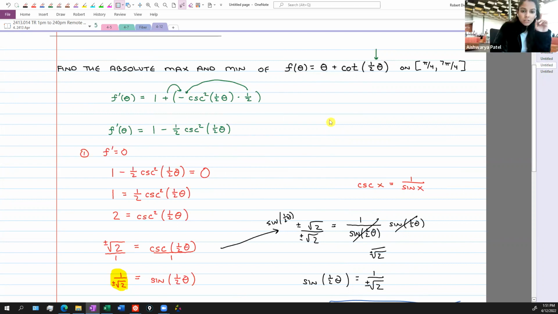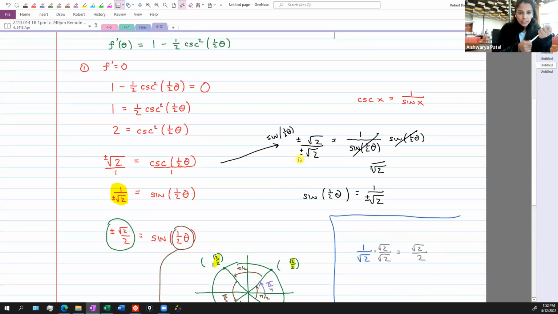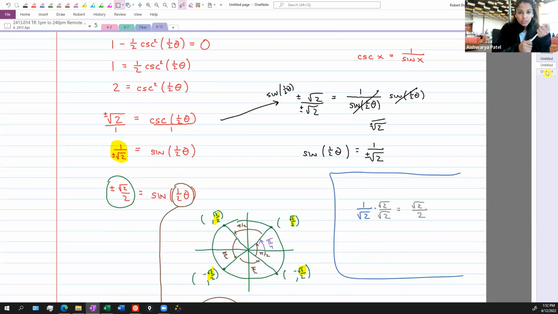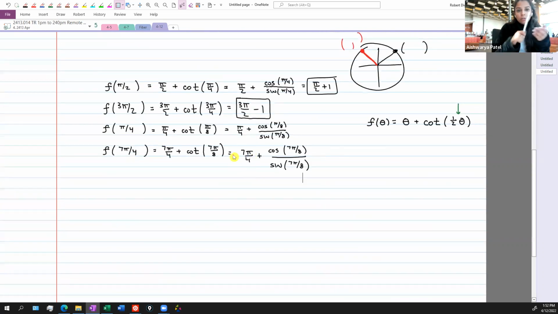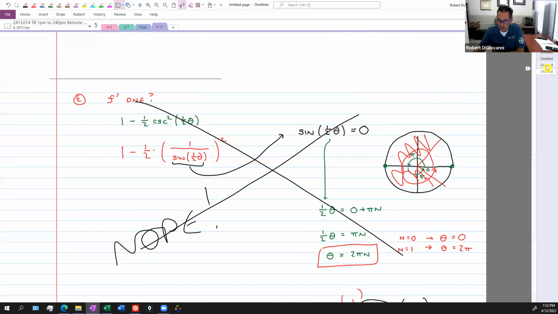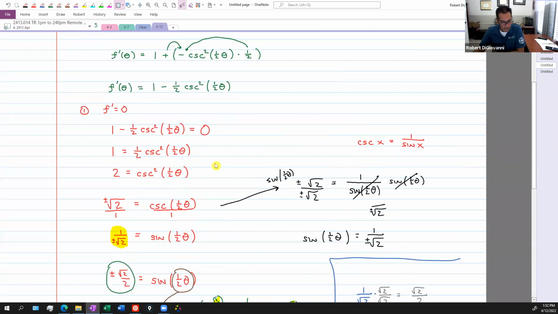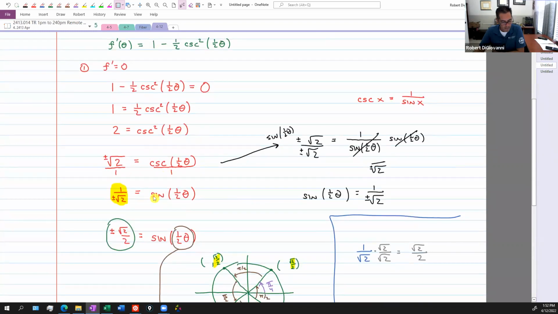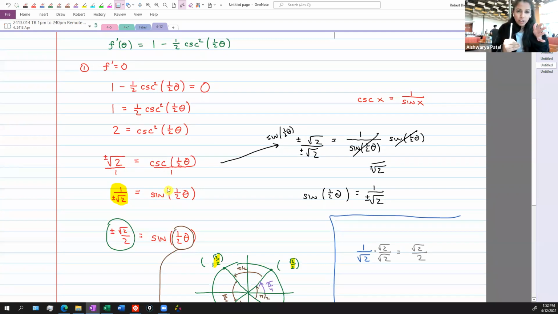I have a question. When you change that cosecant to the sine in the derivative, right here, you said cosecant is 1 over sine, right?